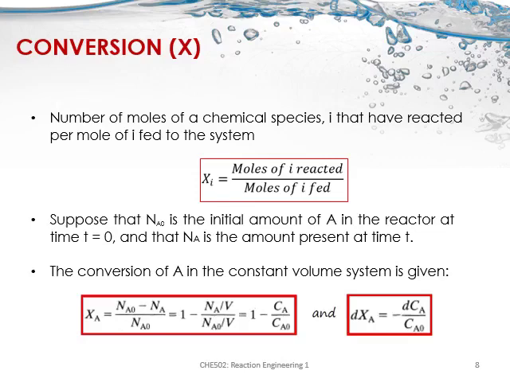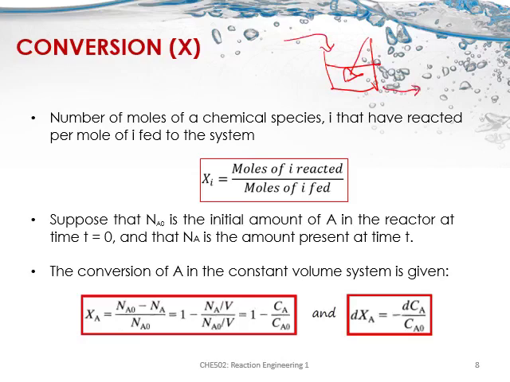Okay, the first one is conversion, X. Number of mole of chemical species I that have reacted per mole of I fed to the system. I already explained this one and I'll explain it again. You have a batch reactor. You may write this one, but it's not meaning it is continuous.